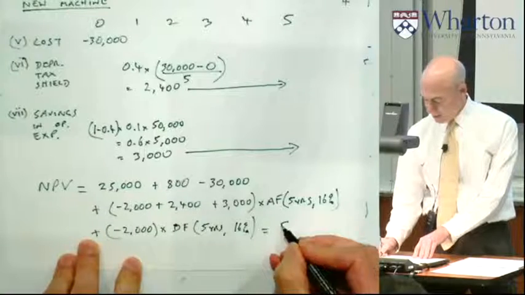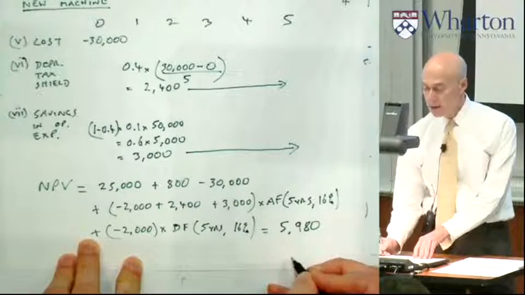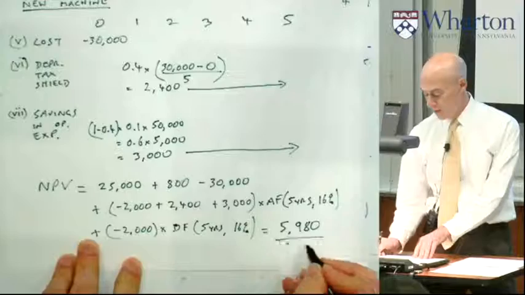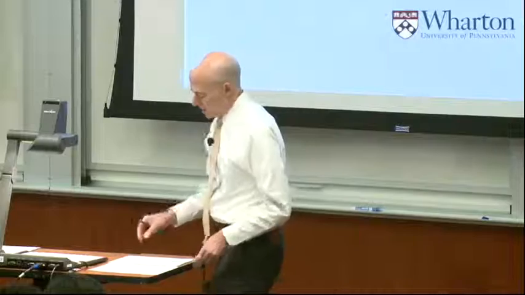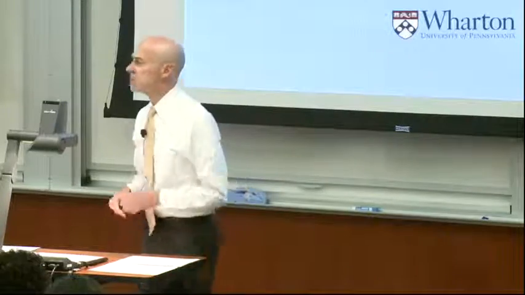If you work that out, it's 5,980. What should we do? Buy the new machine, sell the old one. Creates value for us. Are there any questions on any of those?